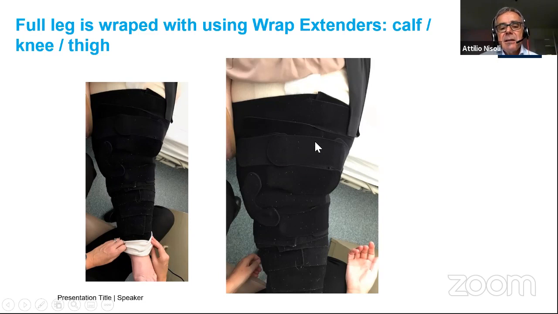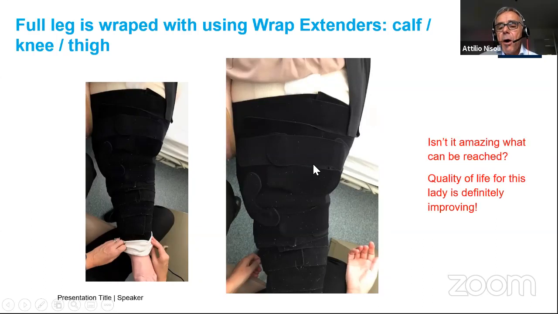But this leg, after being treated with the inelastic wraps, I don't need to tell you that the quality of life for this lady has changed 360 degrees. She was not able to walk around in her apartment before.